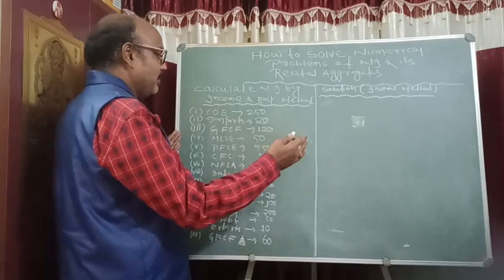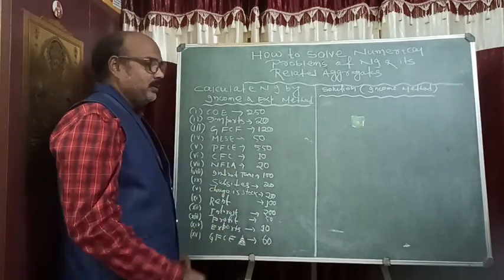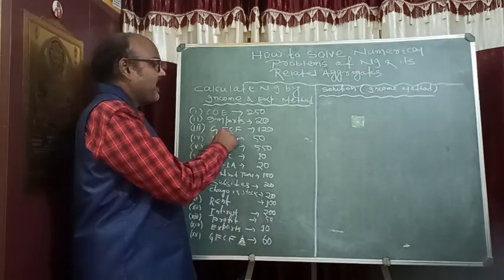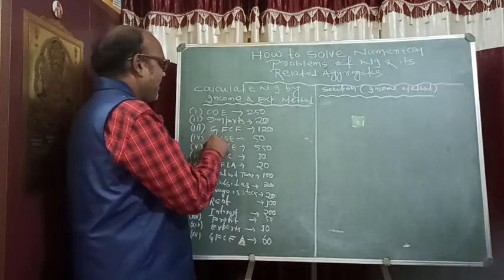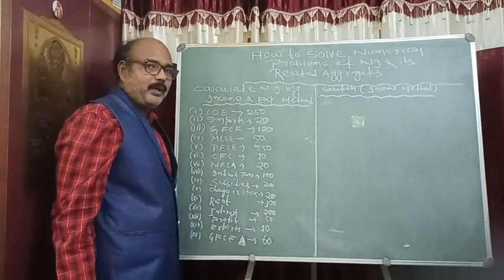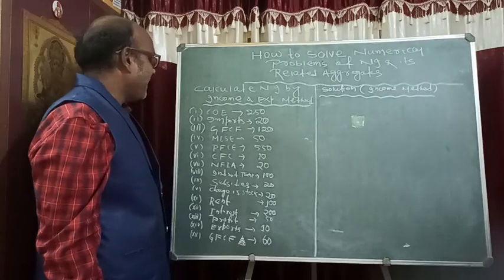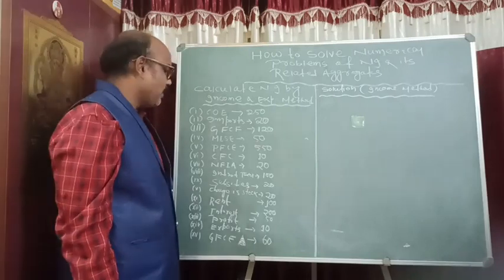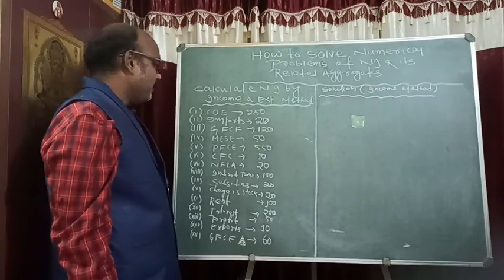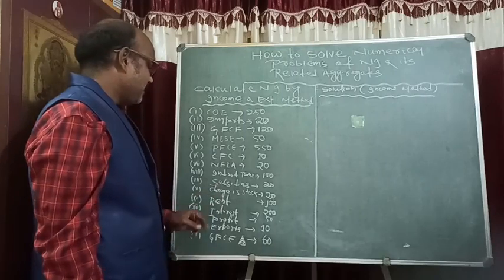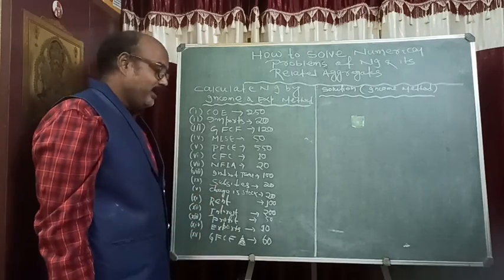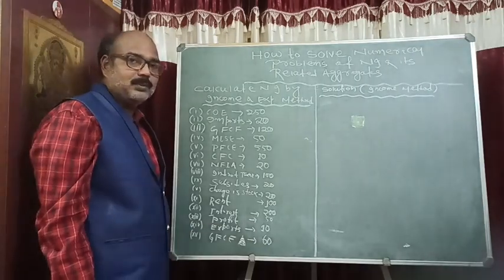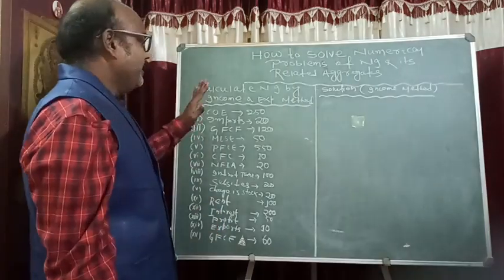So I have written the short form: gross fixed capital formation, MIAC mixed income of the self-employed, PFC private final consumption expenditure, CFC that is depreciation or consumption of fixed capital, NFIA net factor income from abroad, indirect taxes, subsidies, change in stock, rent, interest, profit, exports and government final consumption expenditure. So let us start with the income method.